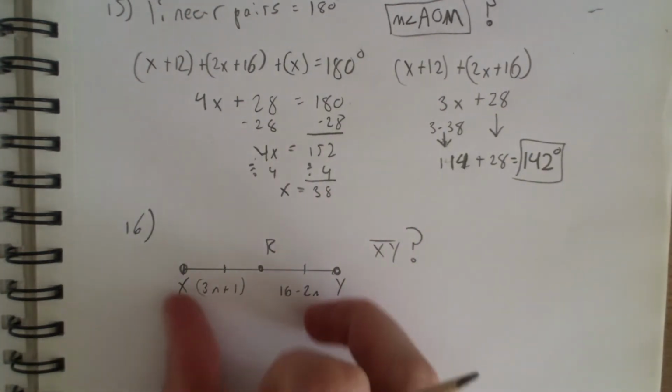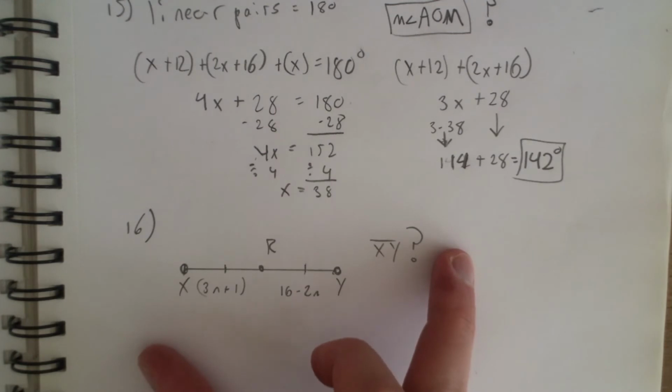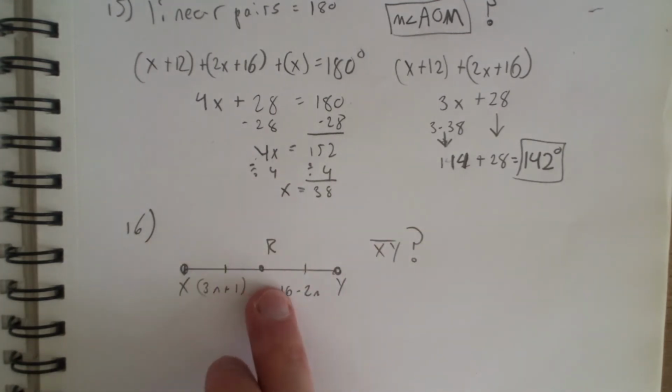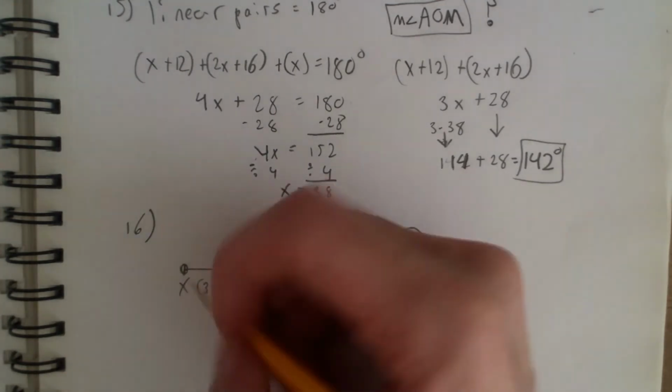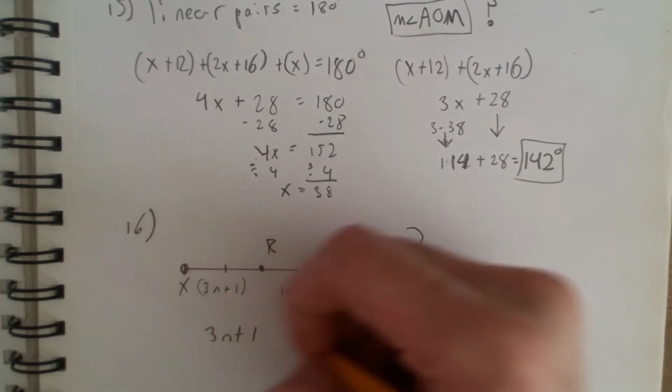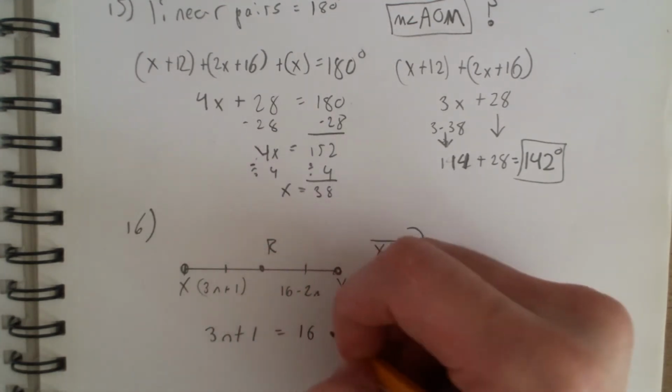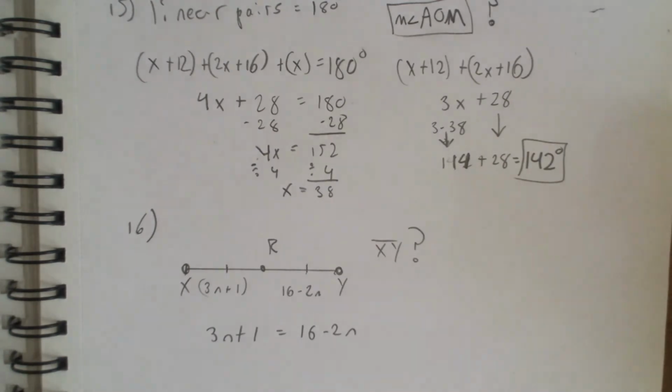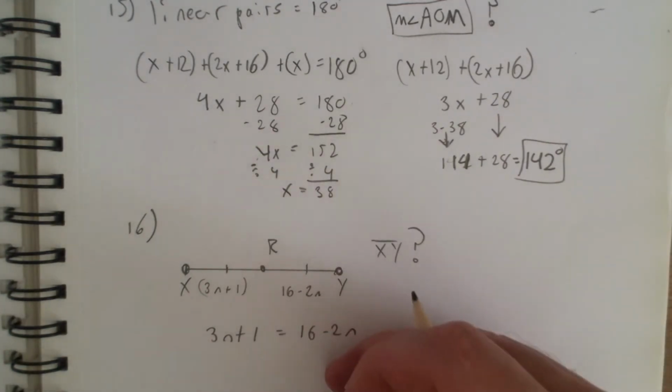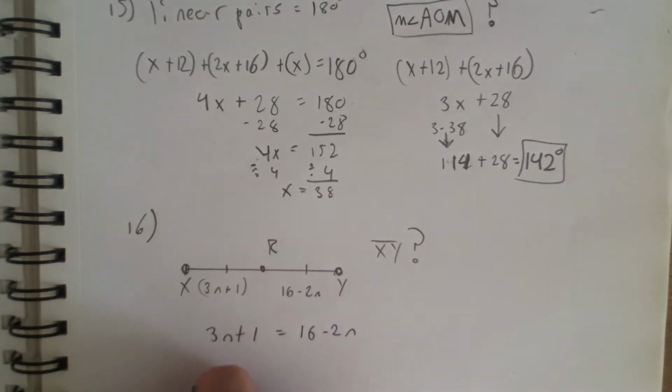To get the whole length, we're going to use our rule for the midpoint, meaning that 3n plus 1 is equal, or congruent, to 16 minus 2n. We're going to solve for our value of n, then insert it into the full length, and that's going to give us XY.